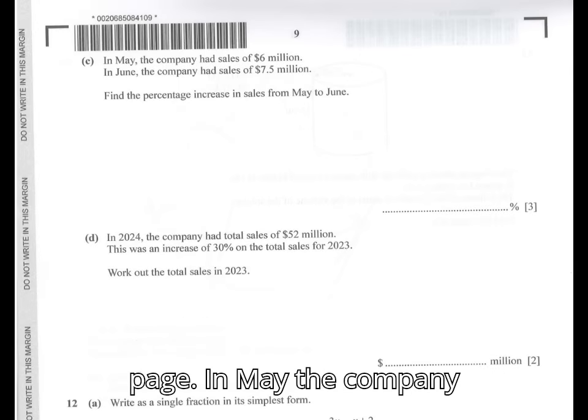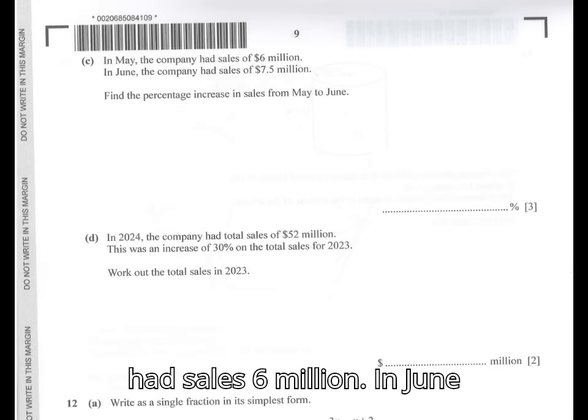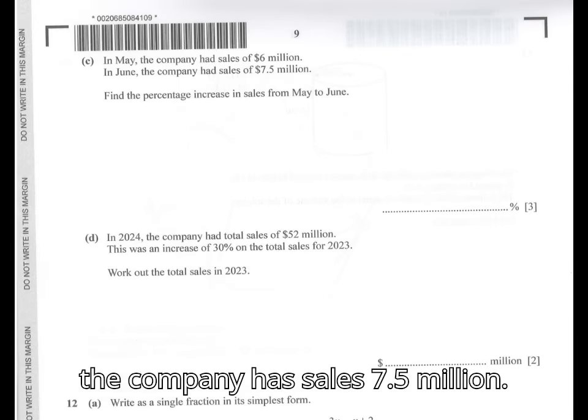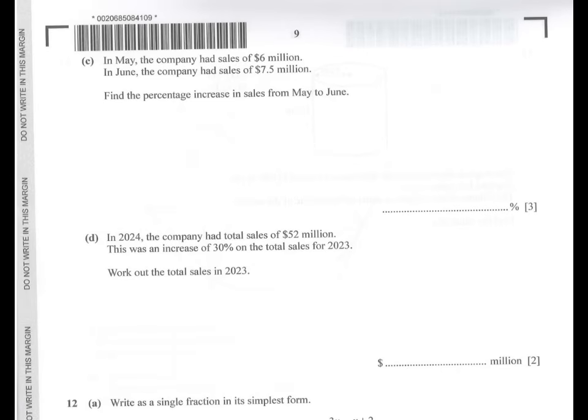In May, the company had sales 6 million. In June, the company had sales 7.5 million. Find the percentage increase.